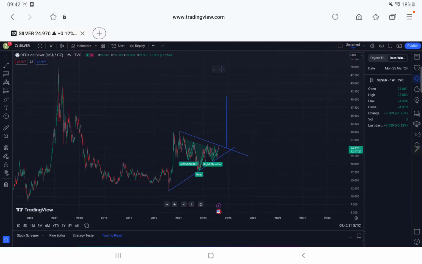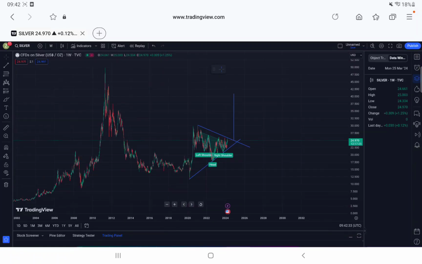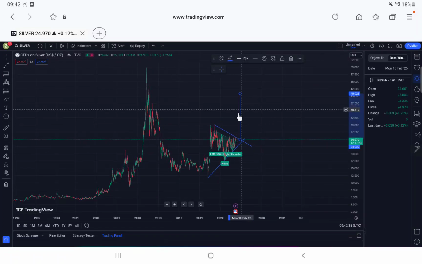If that was to happen, that would be amazing. I don't think many people would be very happy about that. In my opinion, I'd be quite happy because I'd buy a load of silver, but for those of you who already own your silver, I guess maybe it's not a good thing.